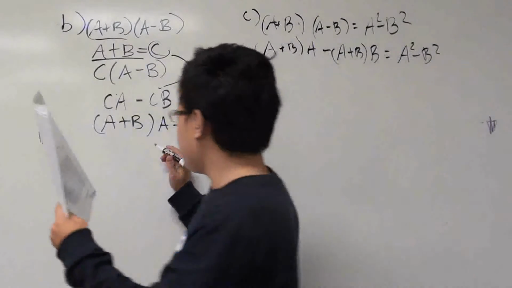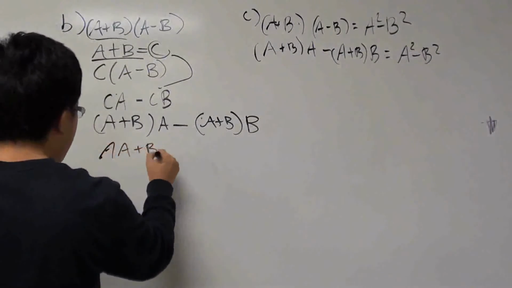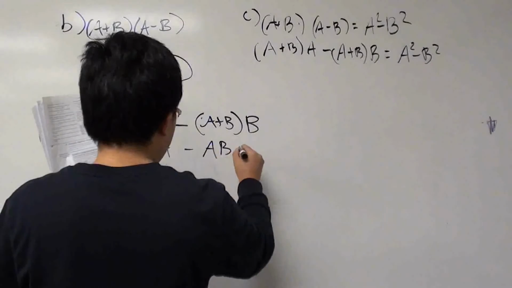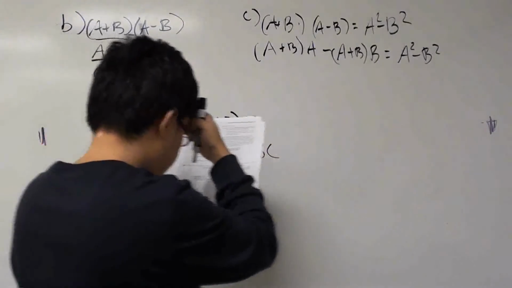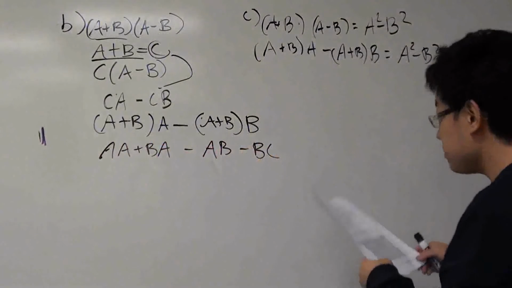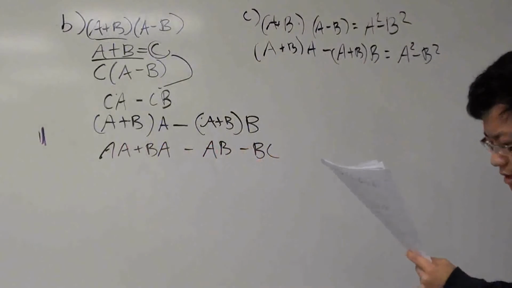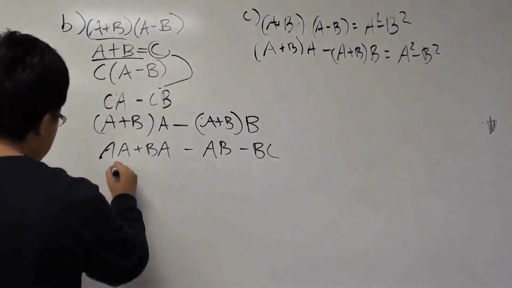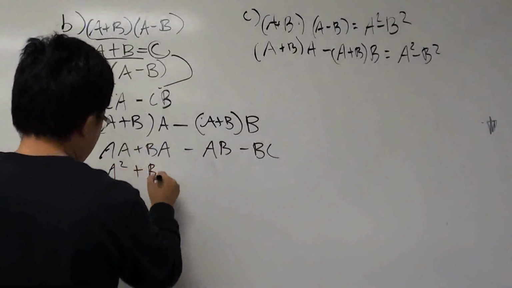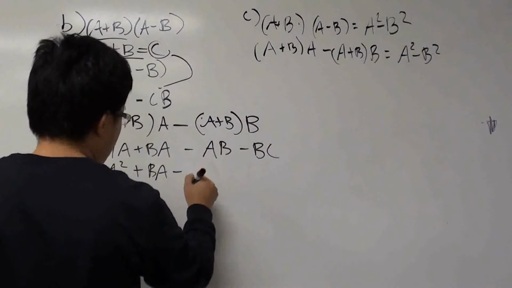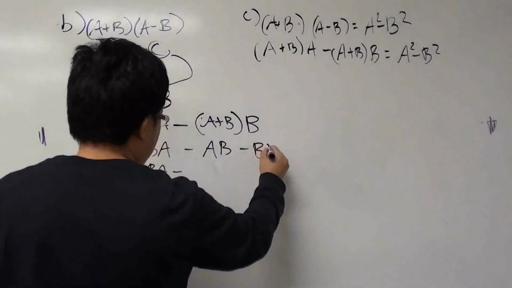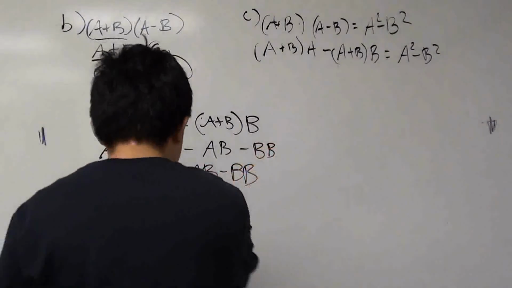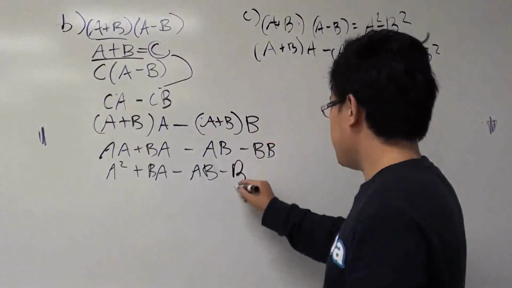So that's going to be AA plus BA minus AB minus BB. A times A is A squared, plus BA, minus AB, and BB simplifies to B squared.